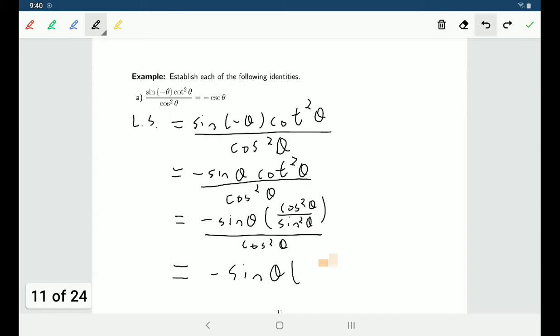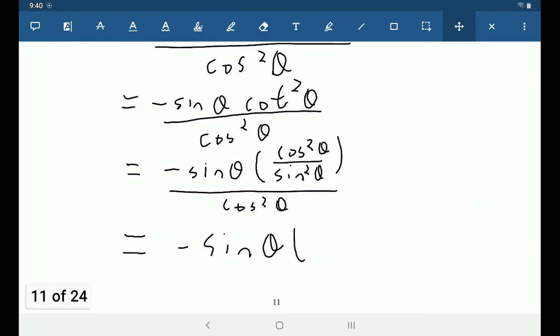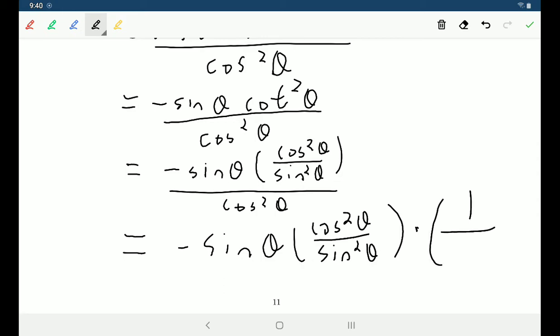I'm going to just zoom in and make that a little bit nicer looking. And then I said divide by cosine squared theta is the same thing as divide by cosine squared over 1, which is the same thing as multiplying by 1 over cosine squared theta.